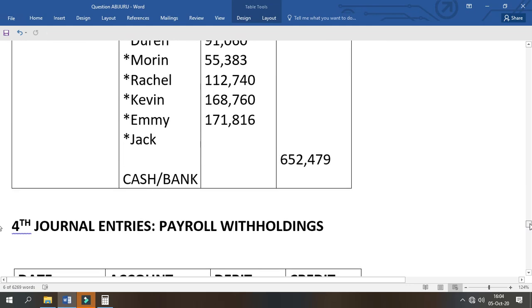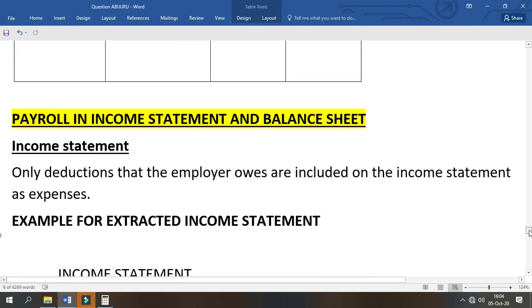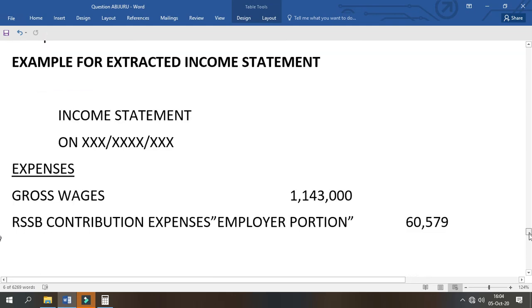And we see the journal entry for payroll withholdings, and we see also the payroll in the income statement and balance sheet.